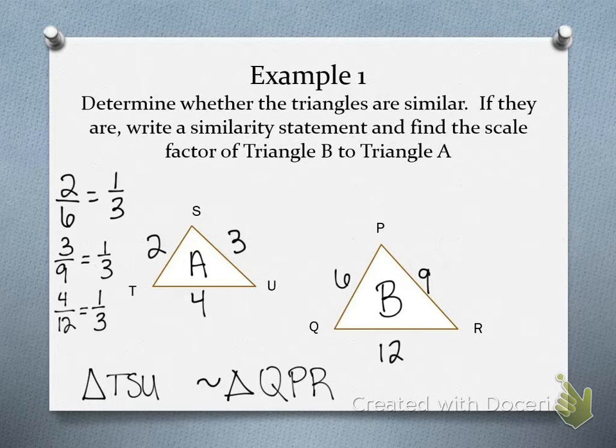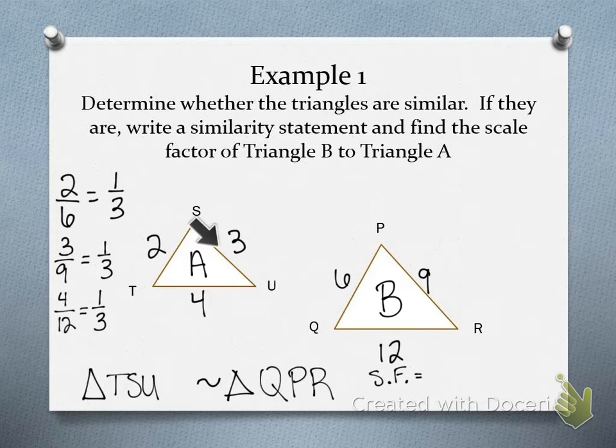The last part tends to be the trickiest part. Find the scale factor from B to A. Careful. From B to A, 3/1. So it's fine that we found this to be 1/3. That's the same ratio the whole way through. But which triangle did we always use on top?